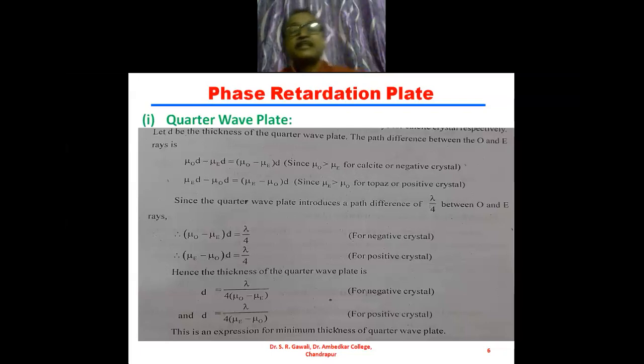Both expressions are similar; the only difference is which is greater and which is smaller. The smaller is to be subtracted from the greater refractive index. Now, hence, D is the thickness of the quarter wave plate.